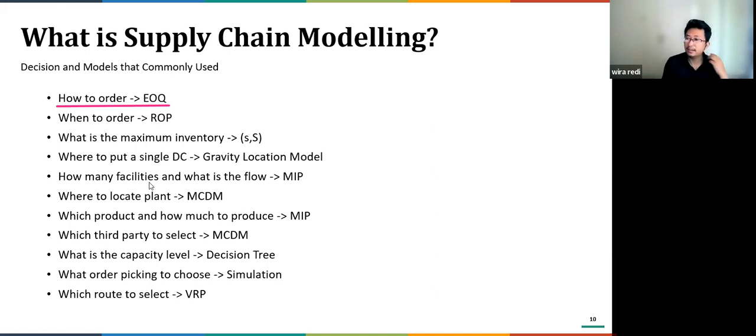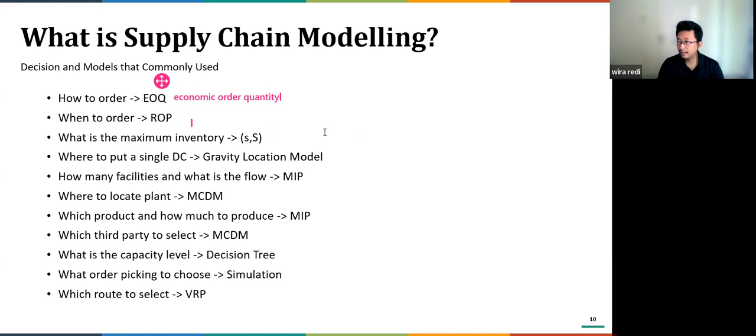How many should I order to give me the most efficient cost during a period, let's say of 1 year? You can use economic order quantity models.